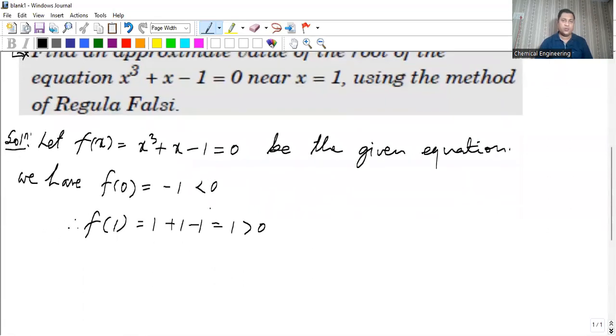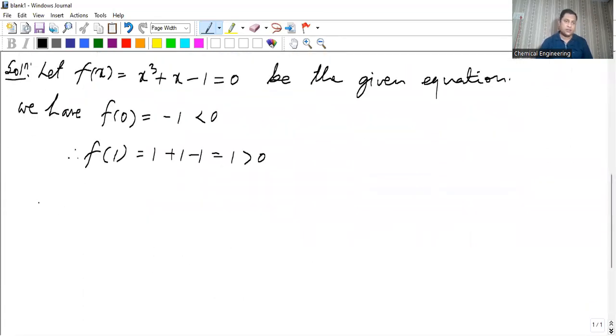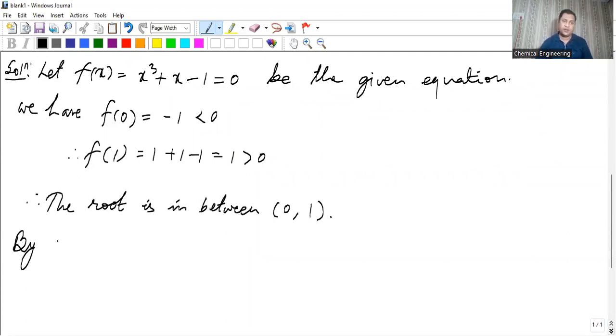So here we can say that the root is in between 0 and 1, and hence by the Regula Falsi method. Always mention the method that you are going to use.